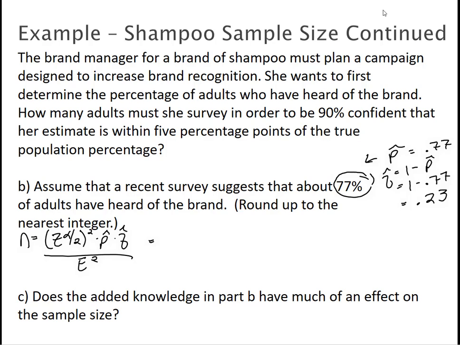Okay, so now I can once again plug everything into my formula for n and just plug that in my calculator and I'm good to go. So my z alpha over 2 is still that 1.645. So that's 1.645 squared times p hat, which is 0.77, times q hat, which is 0.23. And then divided by e squared, which is going to be 0.05 squared.